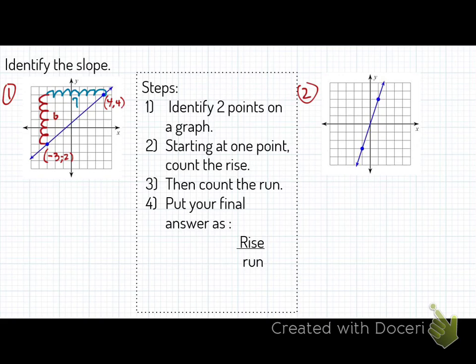Does that make sense, everyone? Then I'm going to write our final answer as rise over run. We're going to put m is equal to our rise over run, which is 6 over 7. And that's it.